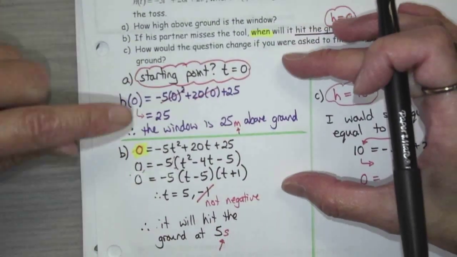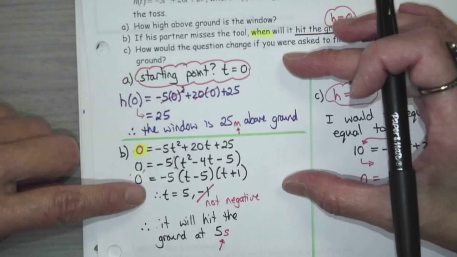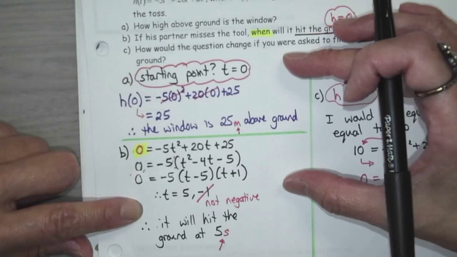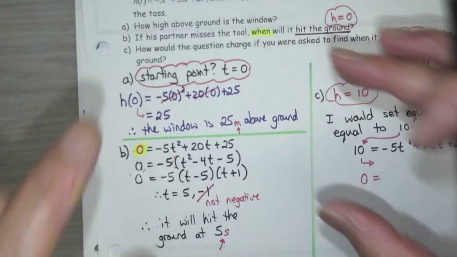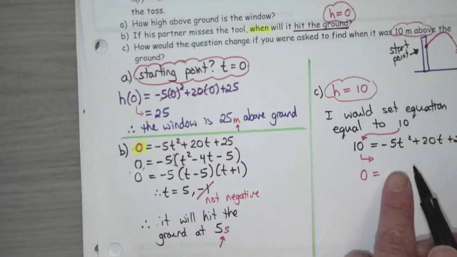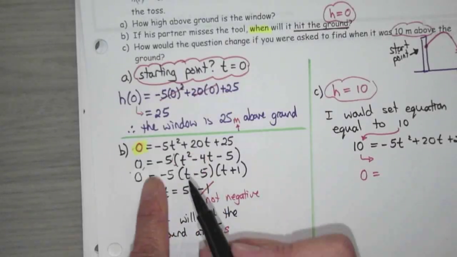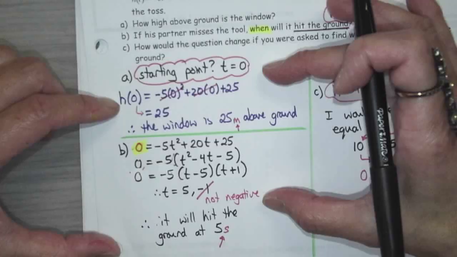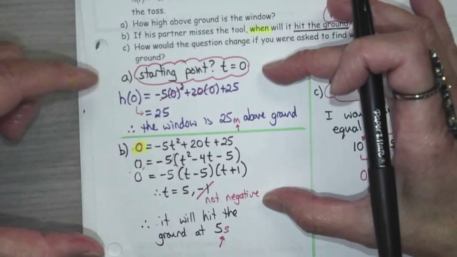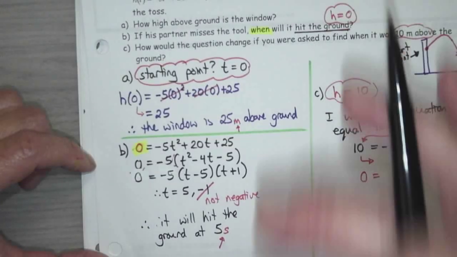That's the contrast. Time is 0, the starting point. H is 0, hitting the ground. So this is always the conversation. In your head, you go, wait, which one's 0? And I always get the wrong one. People put 10 in for the time, not the height. So you've got to talk to yourself. Which one is it, time or height? Am I finding time? Am I given height? Okay, that's the question.